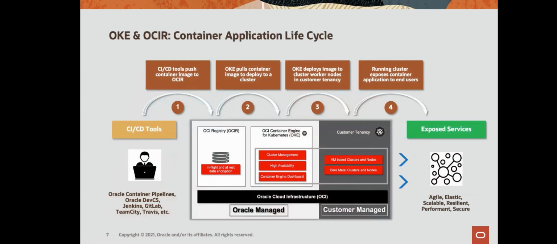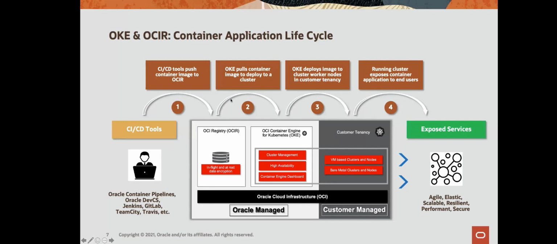If you talk about the application lifecycle and how it can be deployed in the Oracle Kubernetes Engine using CI/CD tools, you might use Jenkins, Oracle Visual Builder Studio, previously known as DevCS, or any other tool. You simply containerize the application and push it into OCIR, or if you're using another container registry like Docker Hub, you can use that as well.